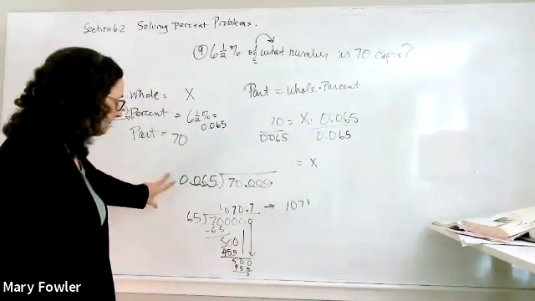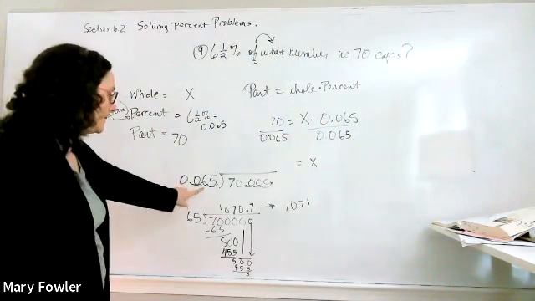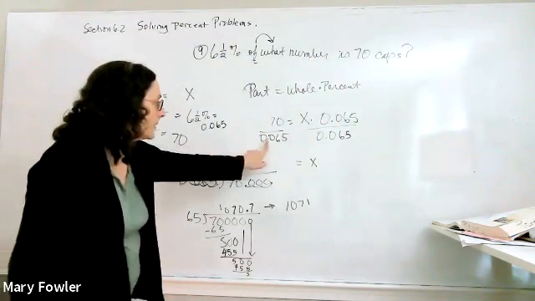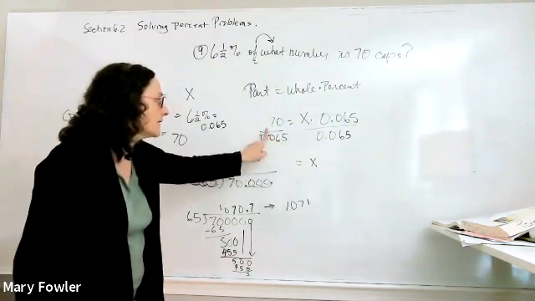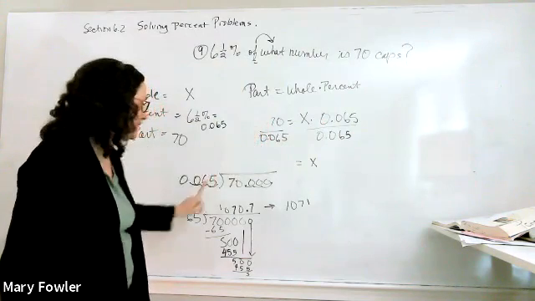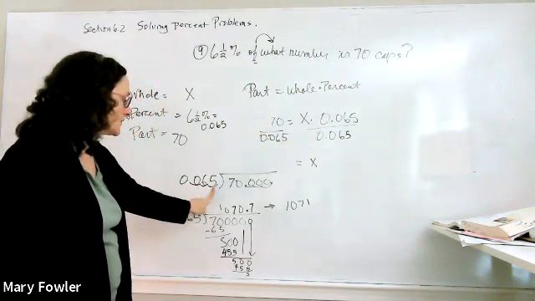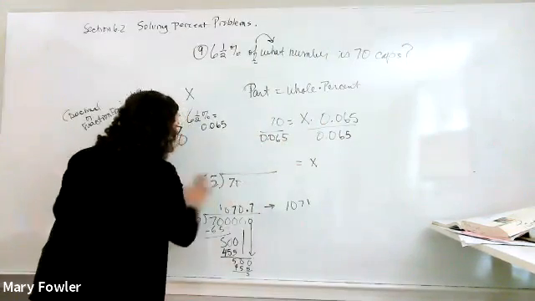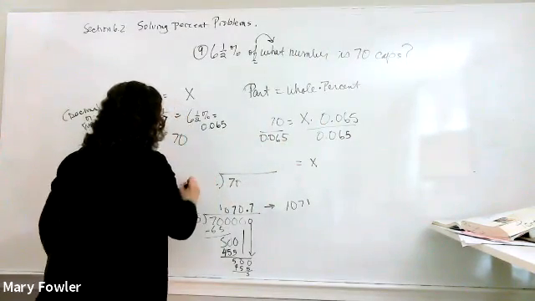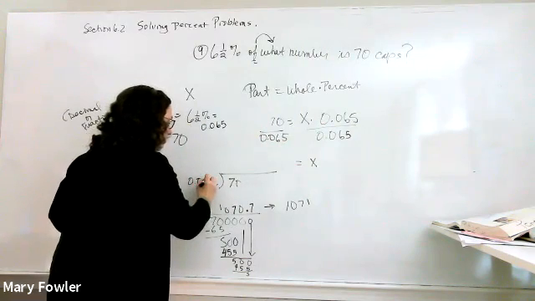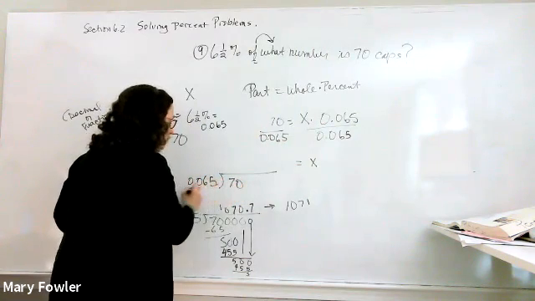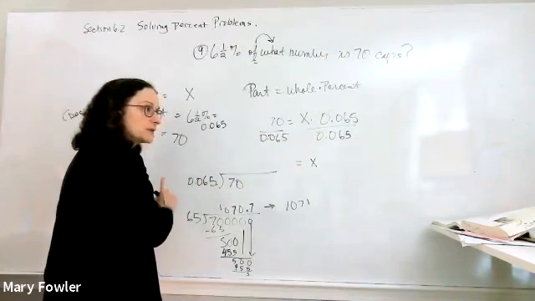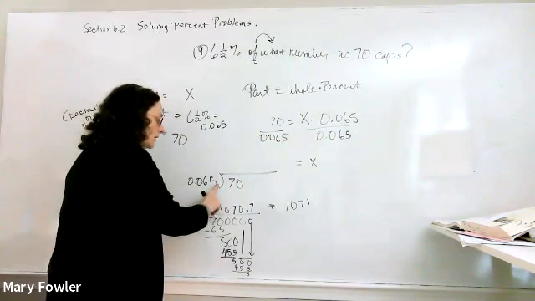Okay, so we have 0.065 divided into 70. So 0.065 comes on the outside and 70 comes on the inside. And the first thing we have to do is move that decimal place until it clears your digits.